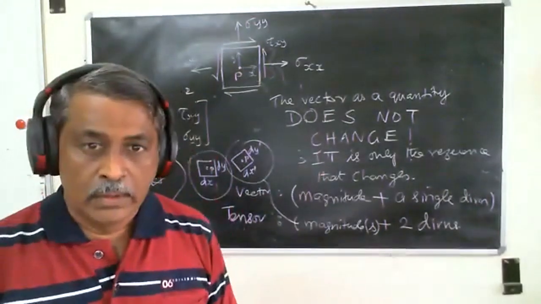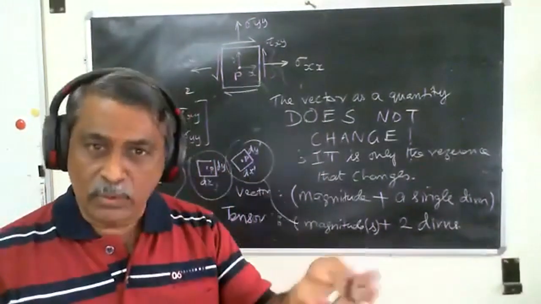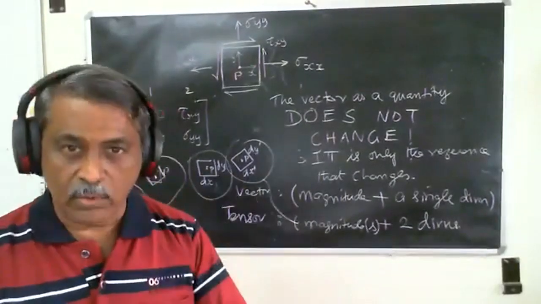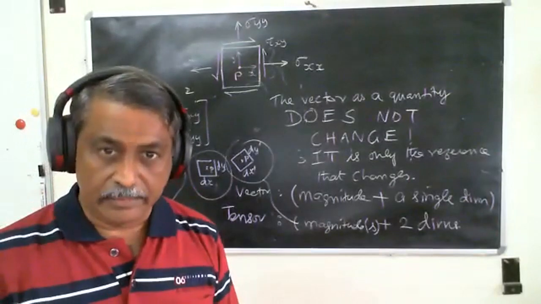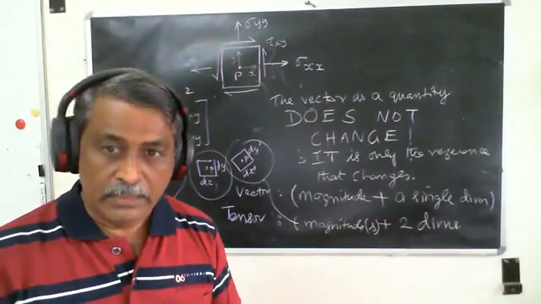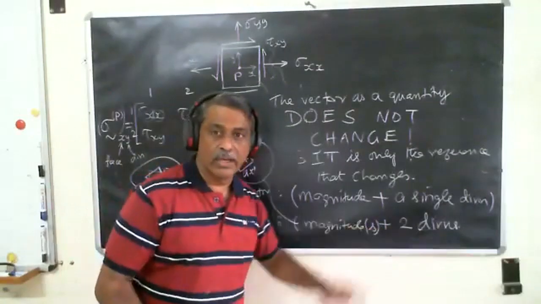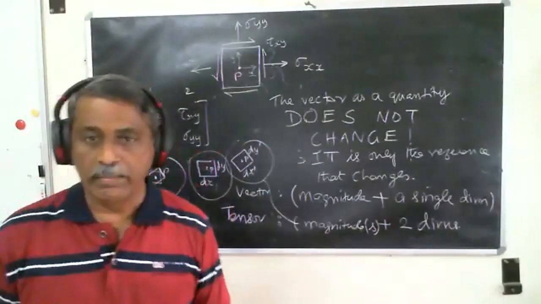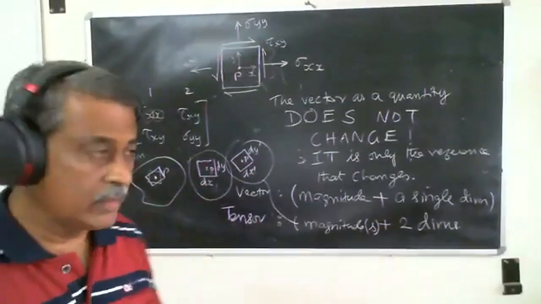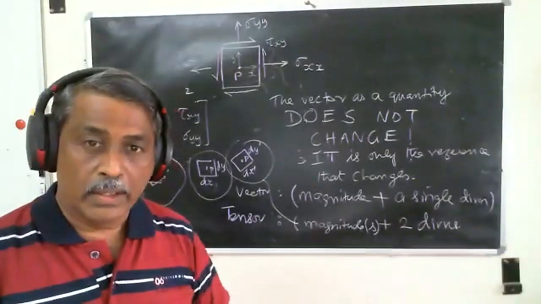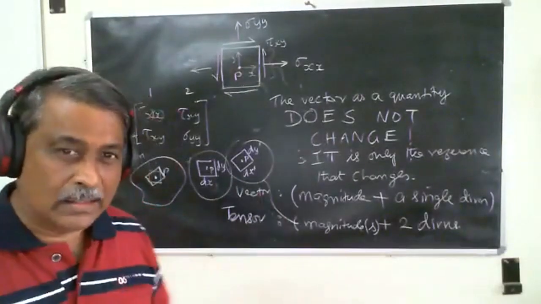Okay. There are many quantities. For example, force is a quantity which is a vector. Displacement is a quantity that's a vector, right? Similarly, we may have more such ones which have two directions and the magnitudes associated with them. We will have even a different tensor that comes into the picture.